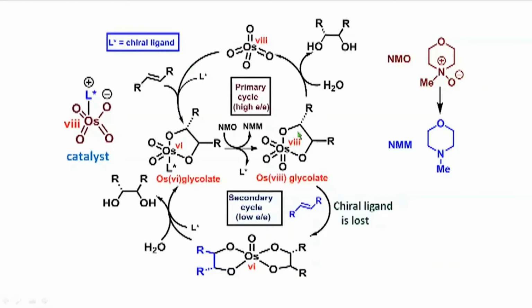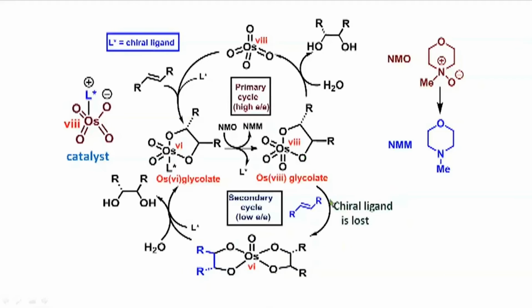Now what happens is this particular osmium(VIII) glycolate, which has been formed by the oxidation of osmium(VI) glycolate, oxidizes some other olefins present in the reaction medium and then makes this particular osmium(VI) species.